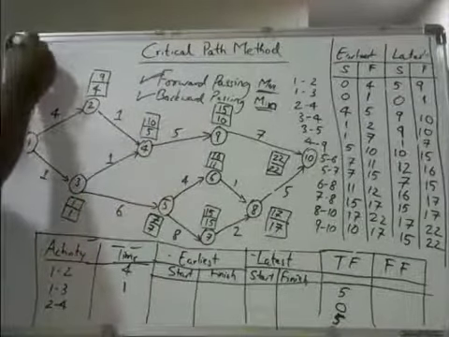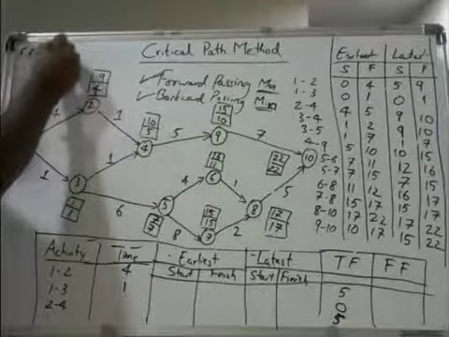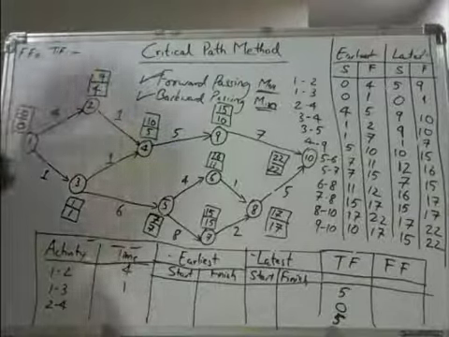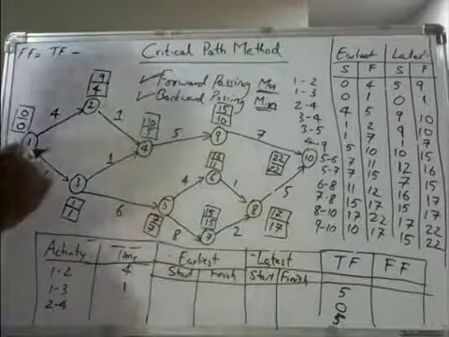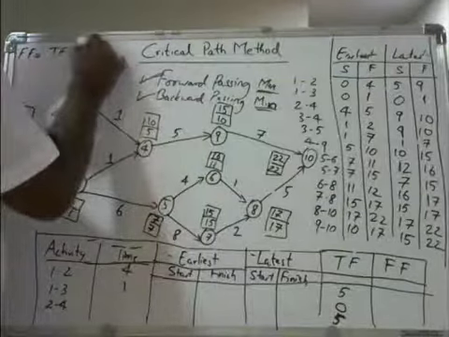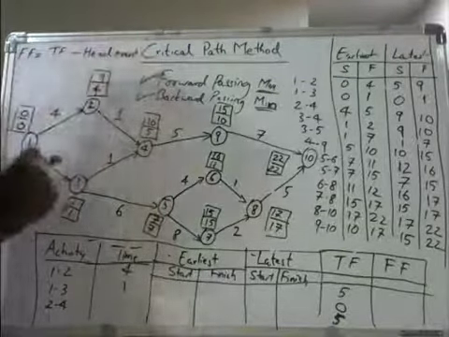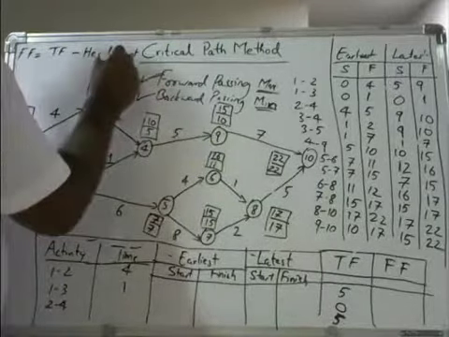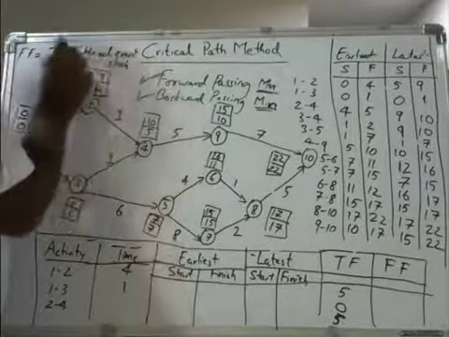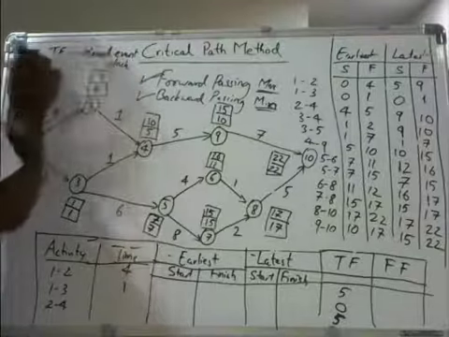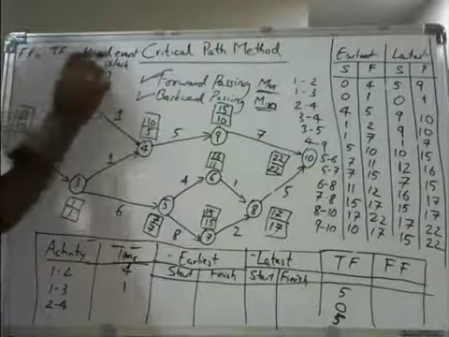Free float is equal to total float minus head event slack. It is called as free float is equal to total float minus head event slack.